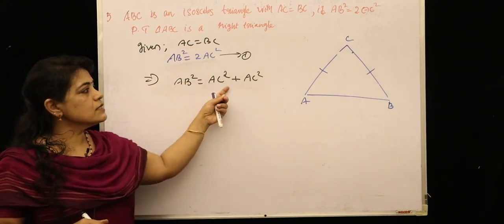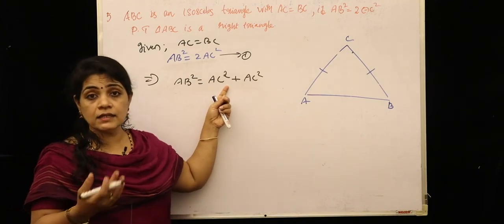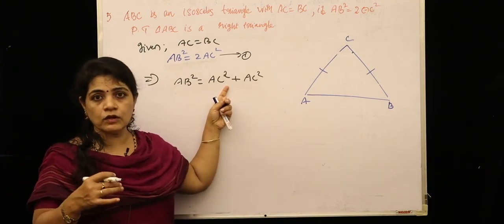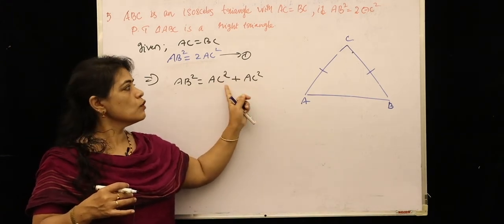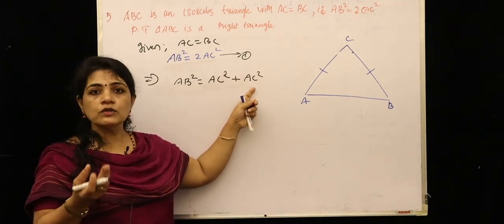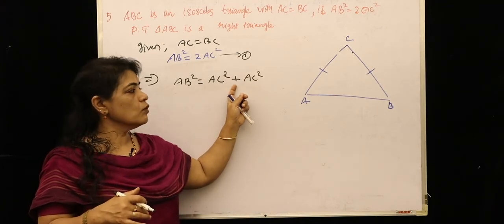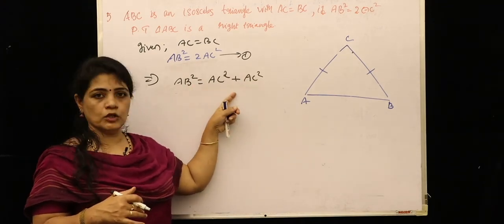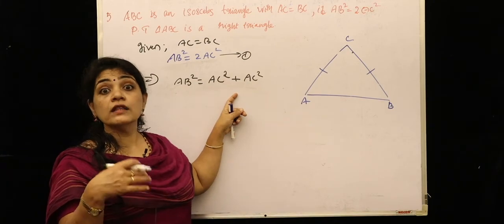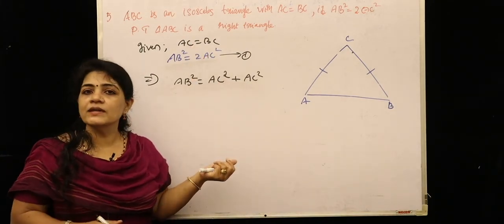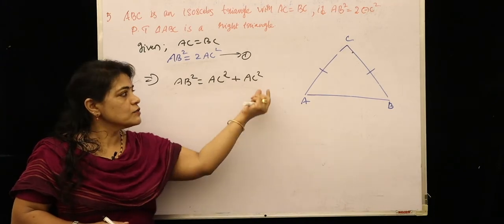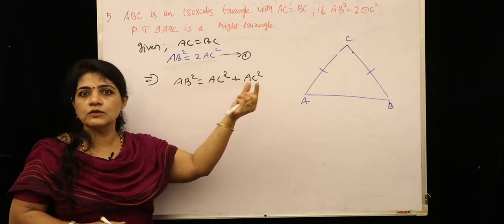Now see the second one, AC equal to BC. In this case we cannot apply the converse of Pythagoras theorem directly because AC square plus AC square is the sum of the squares of one side itself. If we can show that AB square equals the sum of the squares of the other two sides, then we can. For that, what is given? AC equal to BC is given. So I am going to substitute for one of the AC in terms of BC.